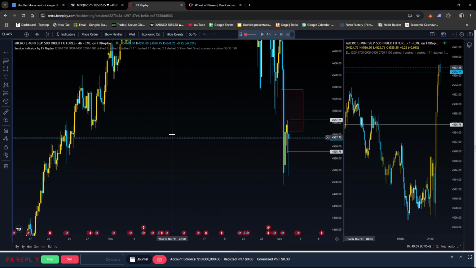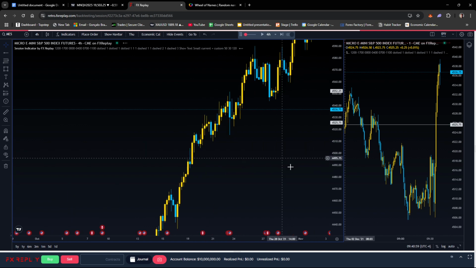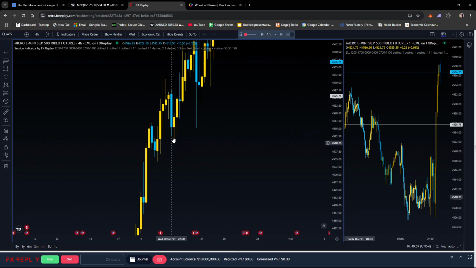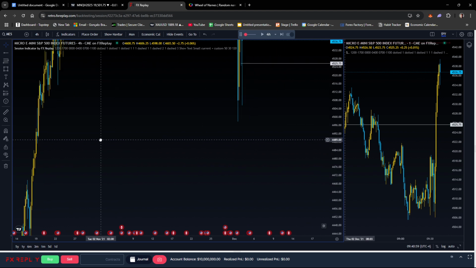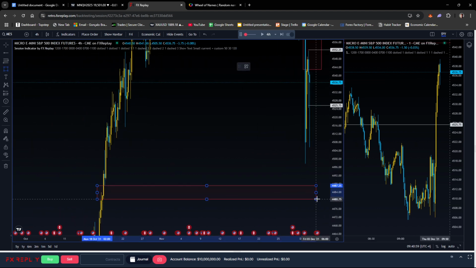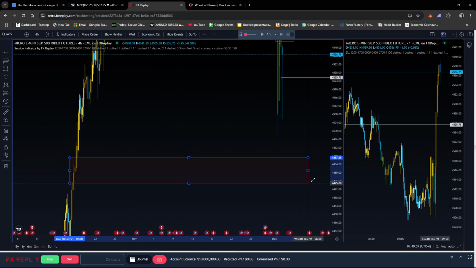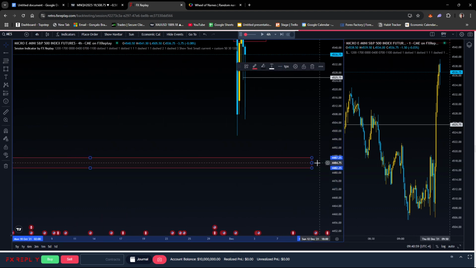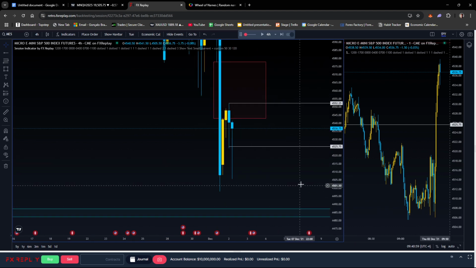In terms of bullish PD arrays, where's price reacting from? I don't see much going on here. The next bullish PD array anyway is here. Let's change this to bullish.